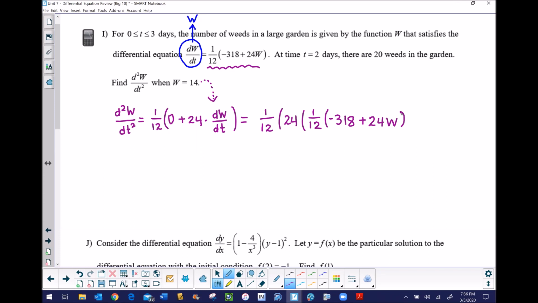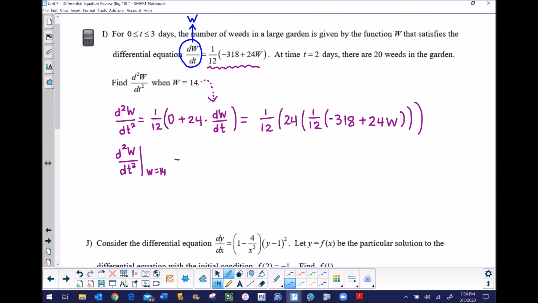Close the first parenthesis, close the second parenthesis, and oh my gosh, there's 3 parentheses here, aren't there? Wow, that's a lot of parentheses. All right, so now we can actually go about finding this result when w is 14.